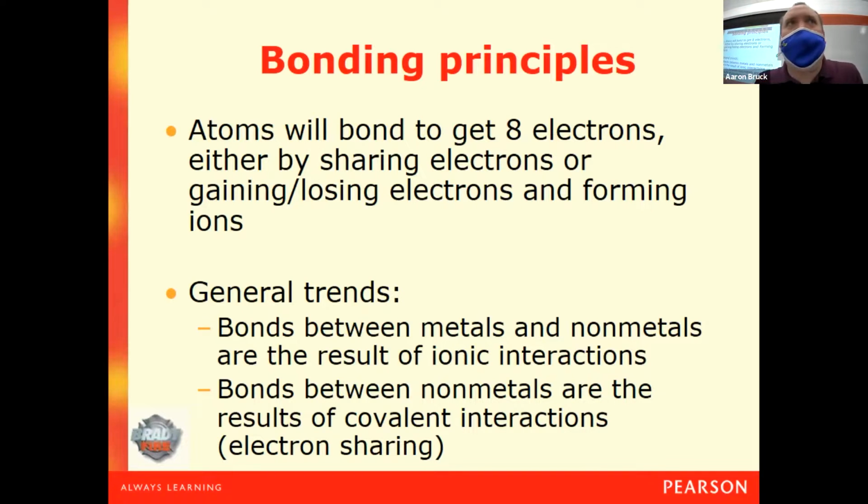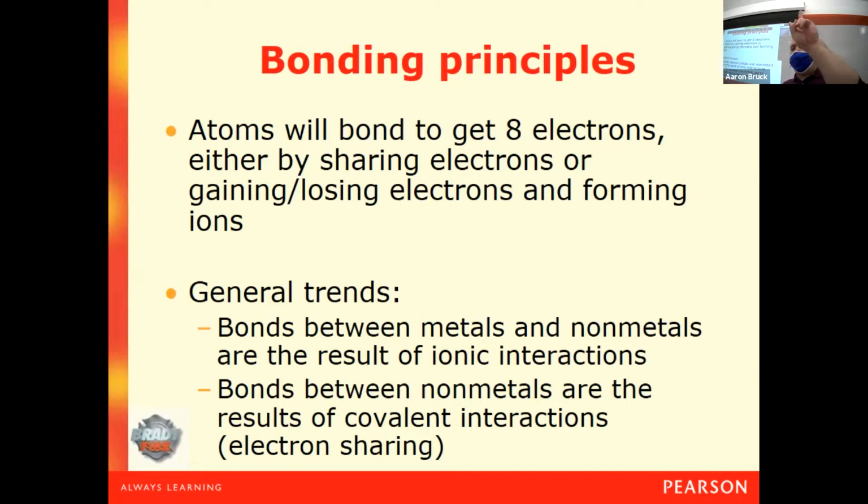Now, in general, we will find that metals, because they have so few valence electrons, again, look at where we are. Our metals are in group 1A, 2A, 3A, and a couple in 4A. For the most part, our metals are going to give electrons away, because you think about what their choices are.